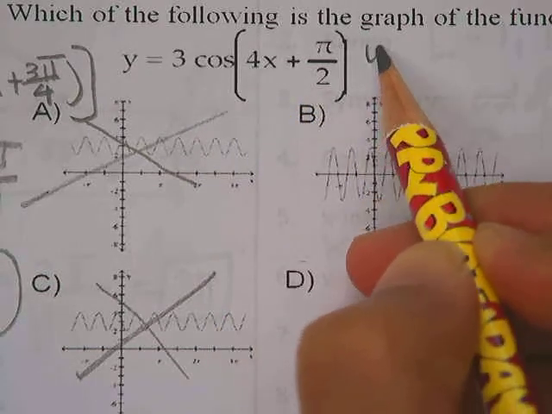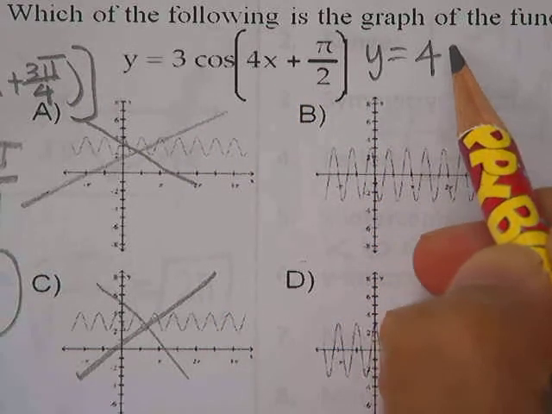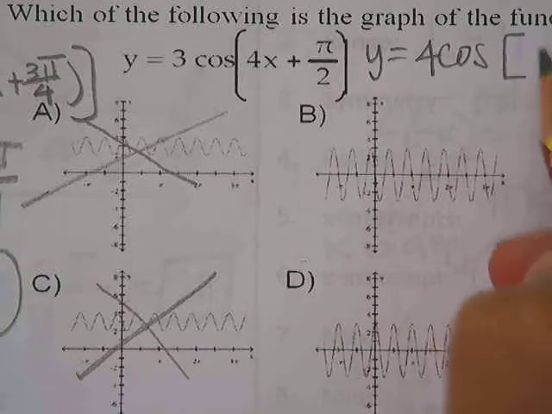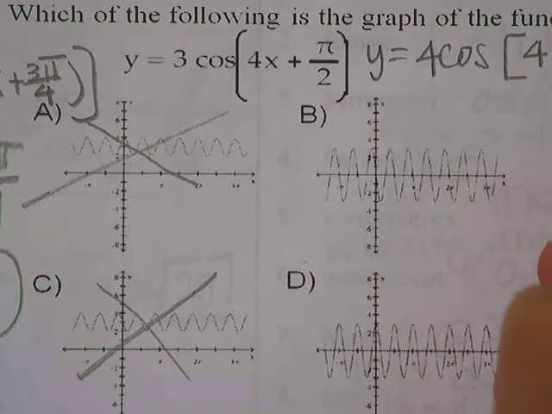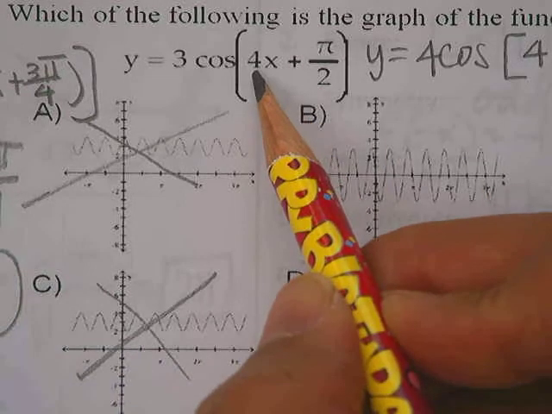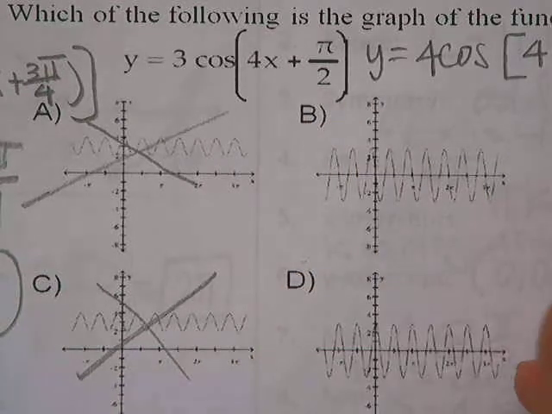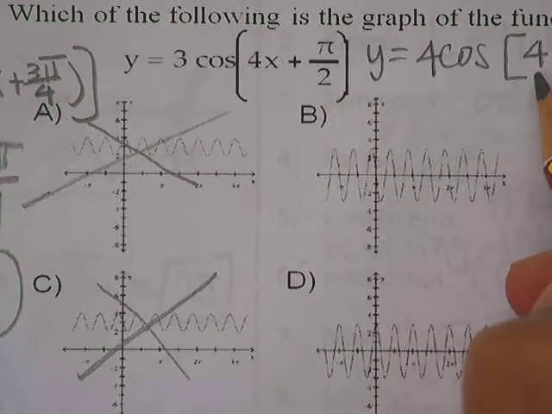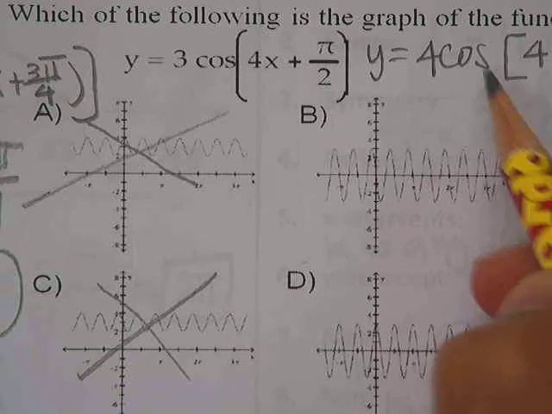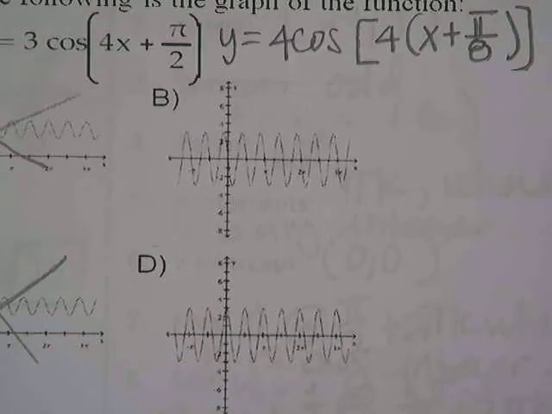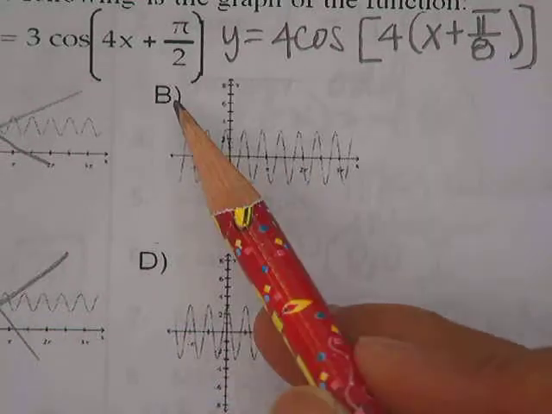Let's factor that out. So y equals 4 times cosine, big bracket, pull out the 4, just to see if there's a phase shift of any sort. If I factor out 4, that's really dividing by 4, multiplying by 1/4. So a half times a quarter is really pi over 8. Oops, you can't see that. There you go. All right, my 2 choices are now just B and D.